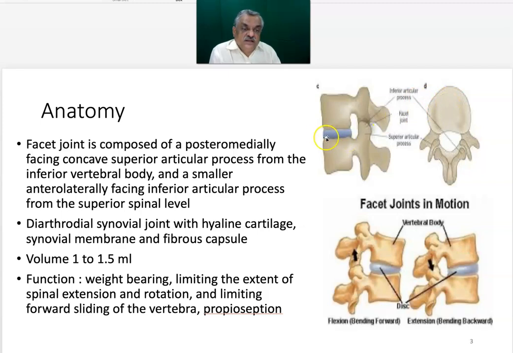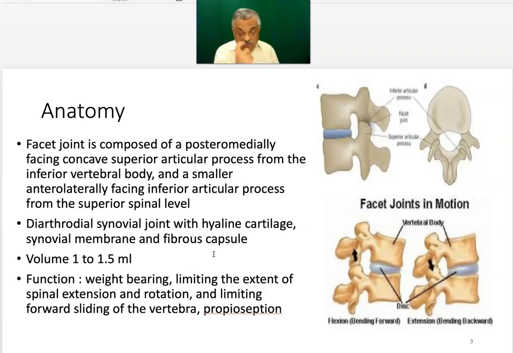And if we look at this level, what we call the lower zone, we see like this. See the pedicle, see the facet joint. If we go a little more lower down, this would be the lateral recess. This is a synovial joint with hyaline cartilage, synovial membrane and a fibrous capsule.